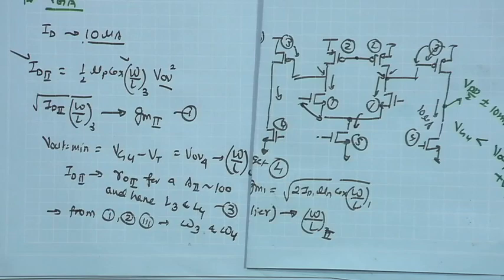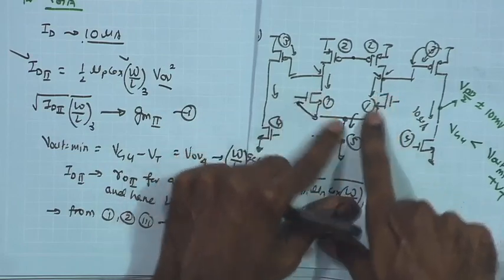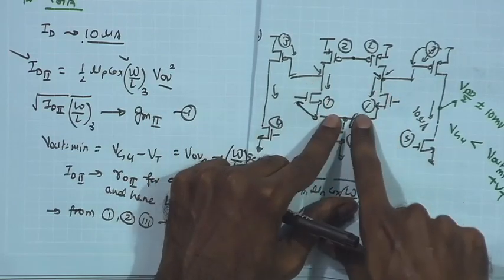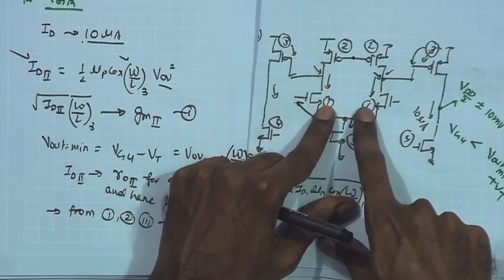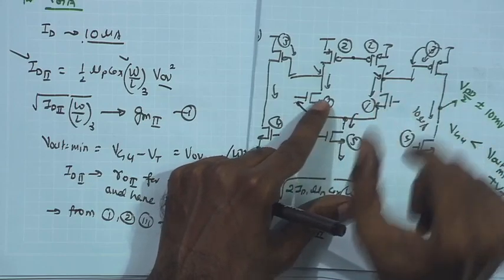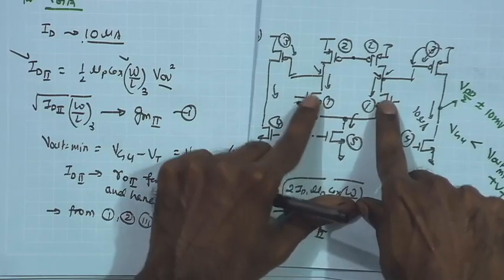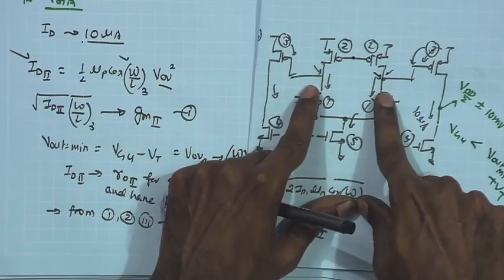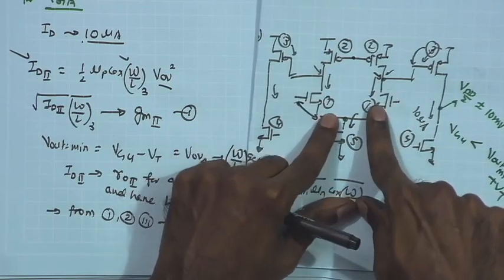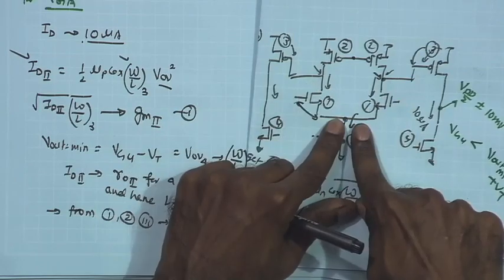You have the W by L determining the GM1 and hence the gain of the input stage, because now we have relatively larger bias current available over here. I have reduced the bias current in the second stage, therefore I can use a slightly larger fraction of the total bias current allocated: rather than 2.5, I can use 3 or 3.5 microampere here.